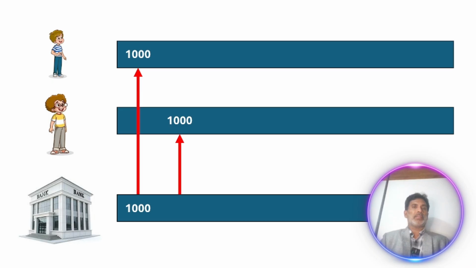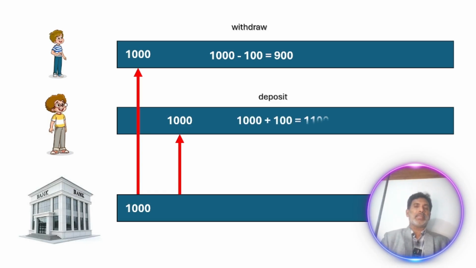Next, you are going to withdraw 100 rupees from the current balance. Once you withdraw 100 rupees from the bank account, the balance should be updated to 900, because 1000 rupees is the previous balance. Then your friend, who also read the same account balance, wants to do the deposit, that is, add money to the account.